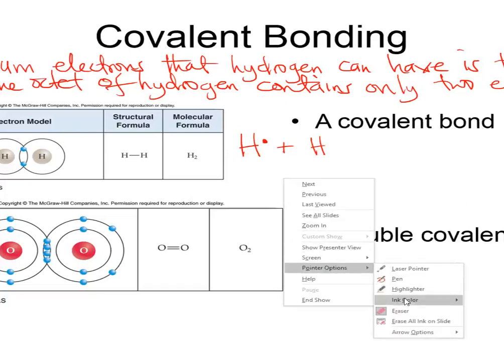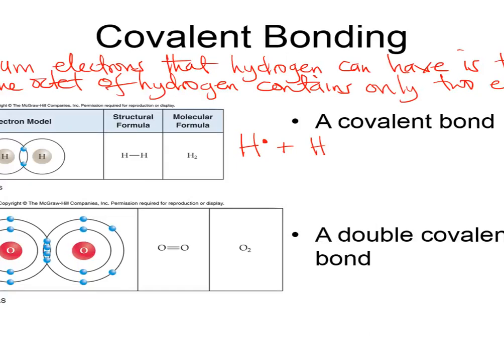So because of that, the 2 hydrogens will say, you know what? Let us share our electrons. So what's going to happen? This one will say, okay, I'll give you my electron, and this one will say, okay, I'll give you my electron.